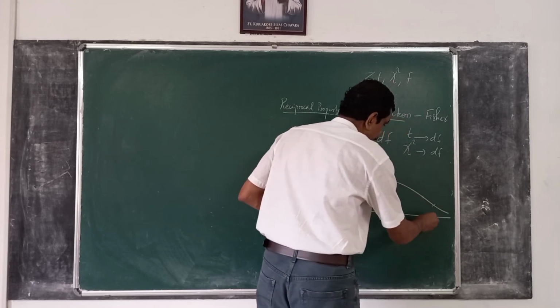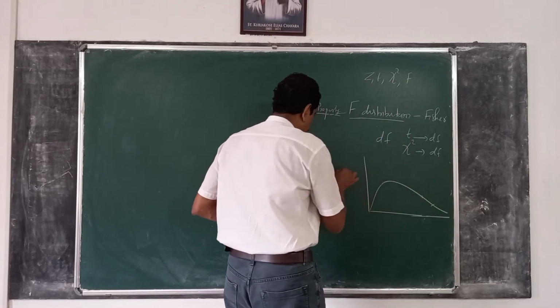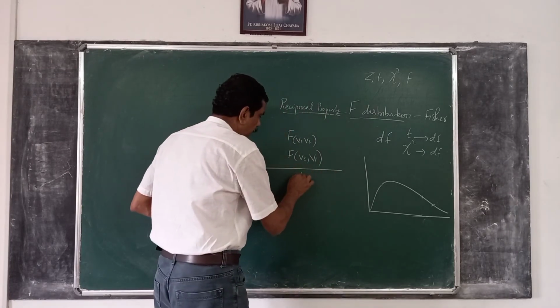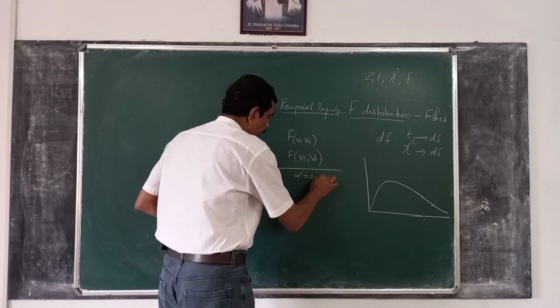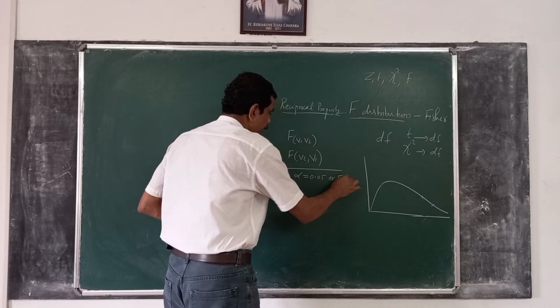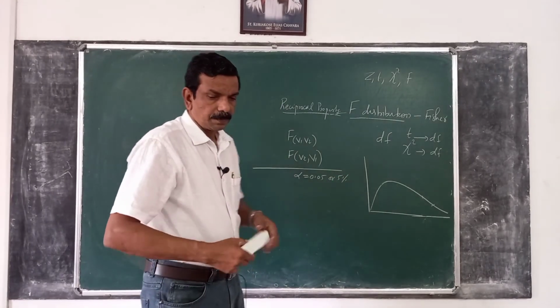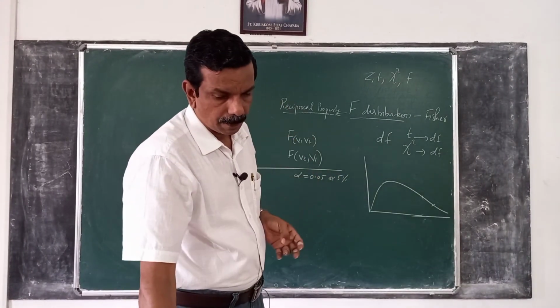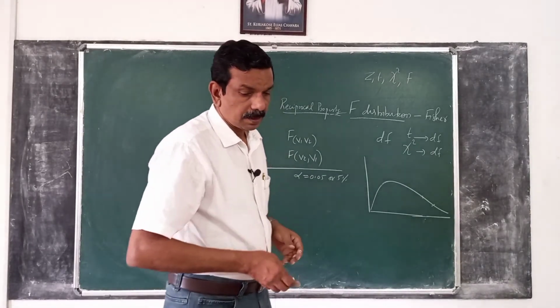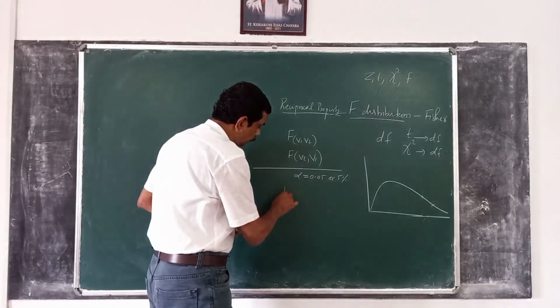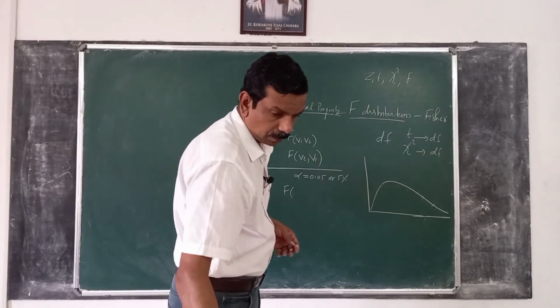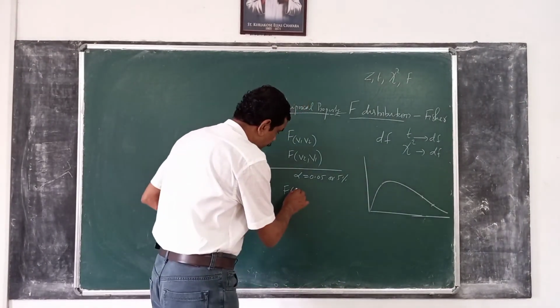Let us assume that alpha is equal to 0.05 or 5%. Now, consider F with the degrees of freedom equal to 60 and 8.